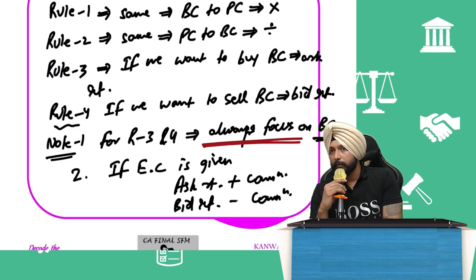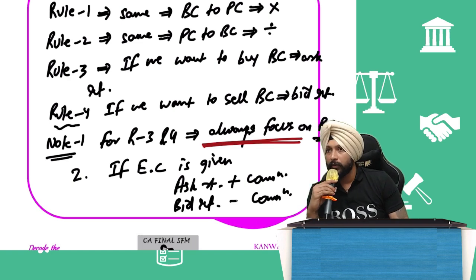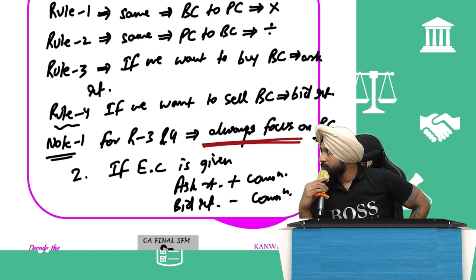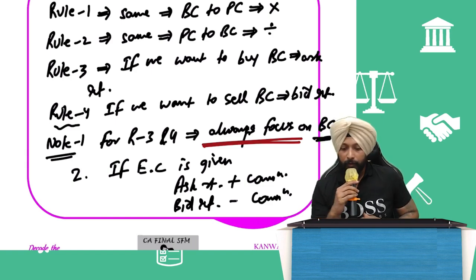Bid rate minus commission. Commission adjustment to ask rate is always added because bank will take more from you, and bid rate minus commission because bank will deduct and pay you. Okay.